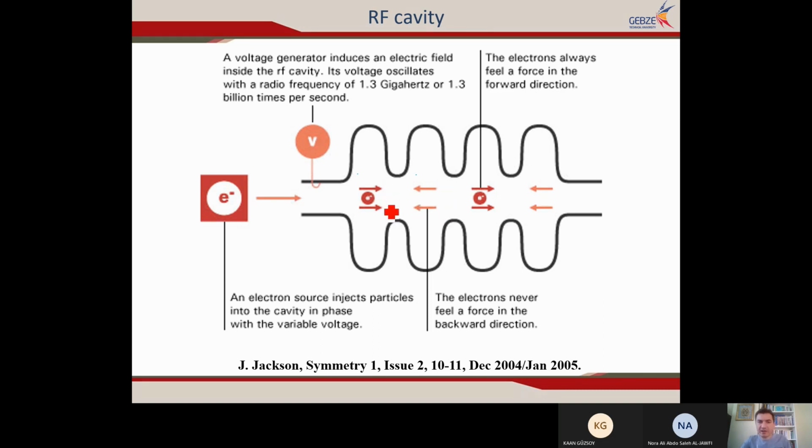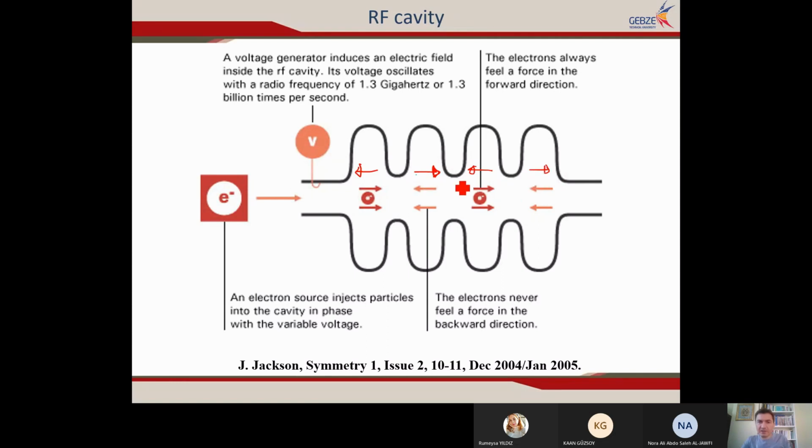Whenever the electron enters the second one, we change the direction of the force by using the RF voltage generator. Then it will be like this. If the force acting on the electron is in the forward direction here, then it will be backwards. Here backward and forward here.